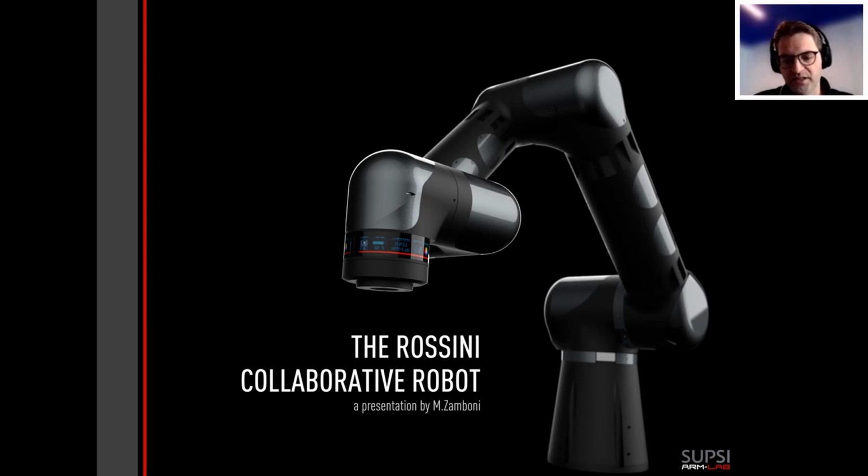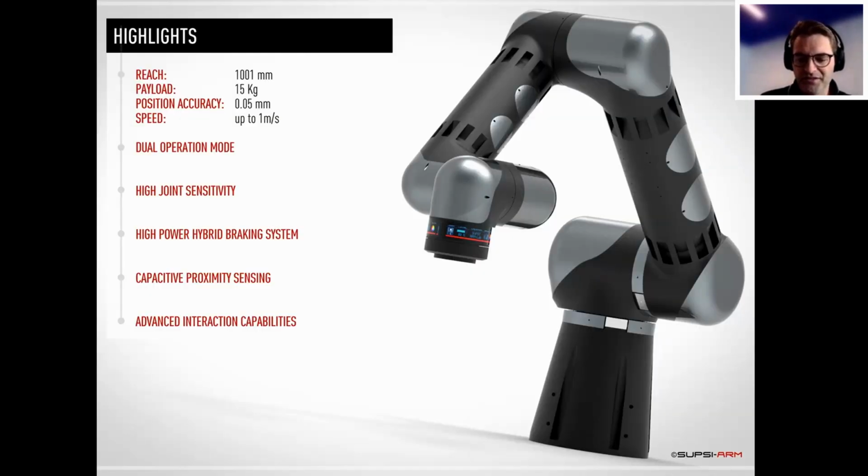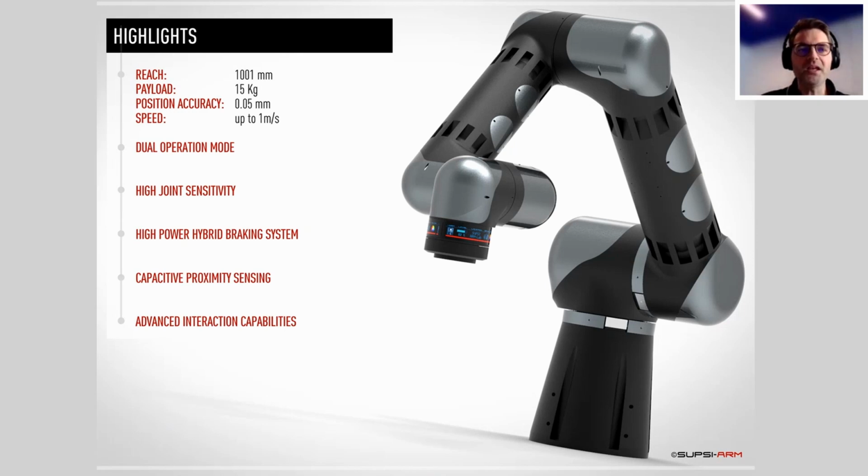The content will be very dense. We have many things to show, but we will go through pretty much everything, but very fast. So fasten your seatbelt. Okay, here we start with the highlights, just in a nutshell, what this robot can achieve.